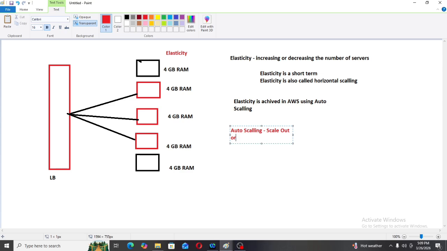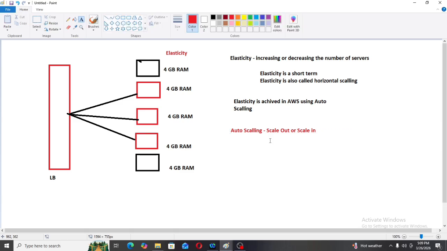Scale out means increasing and scale in means decreasing the number of servers.